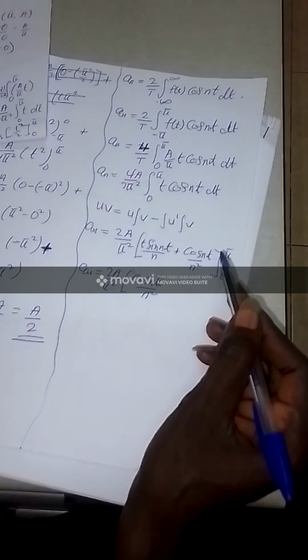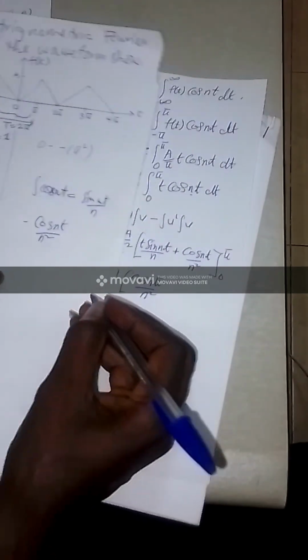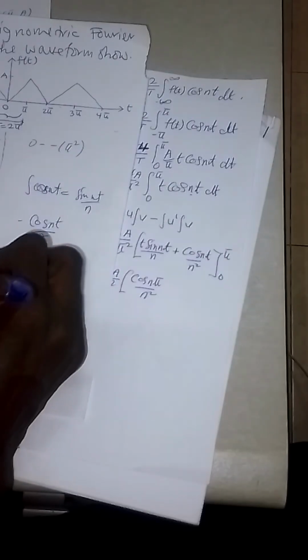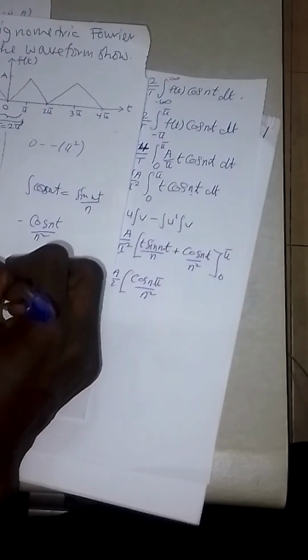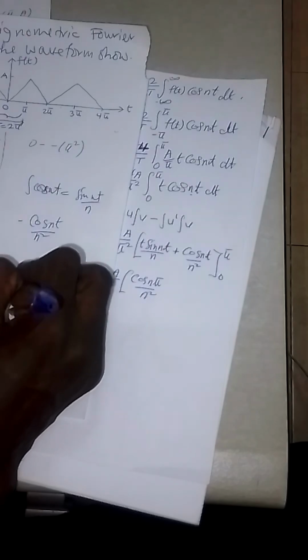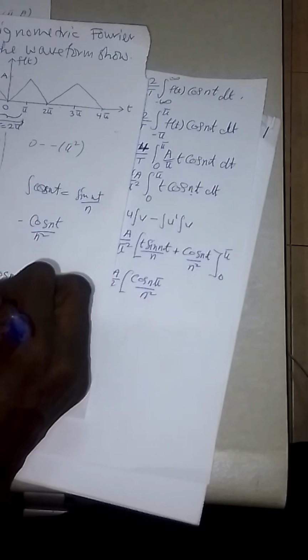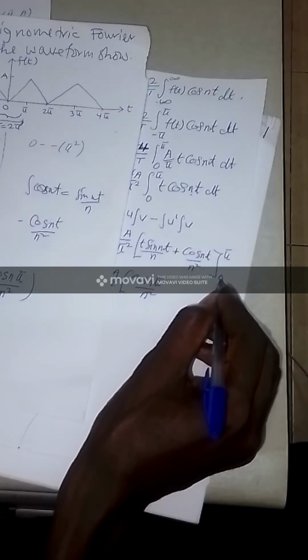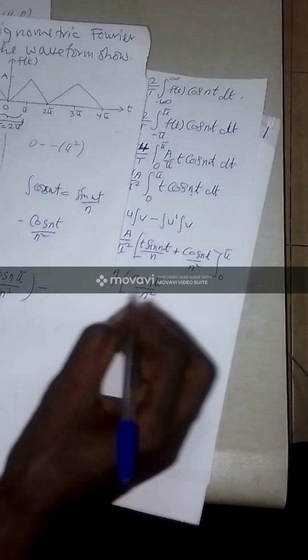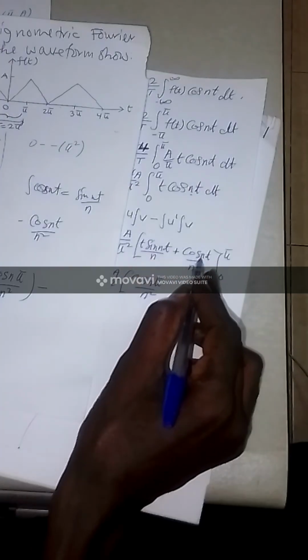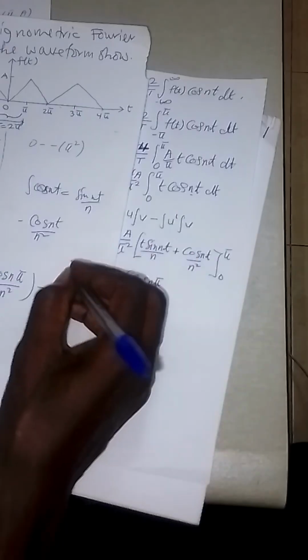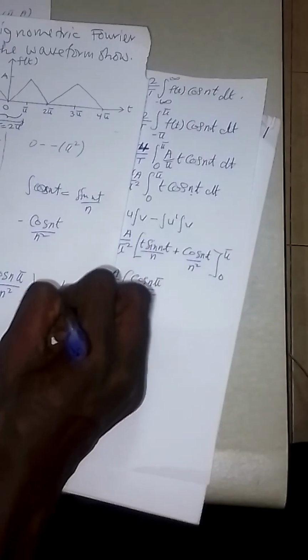But you must also remember that I am having cos n pi over n squared, and this 0 is subtracting.